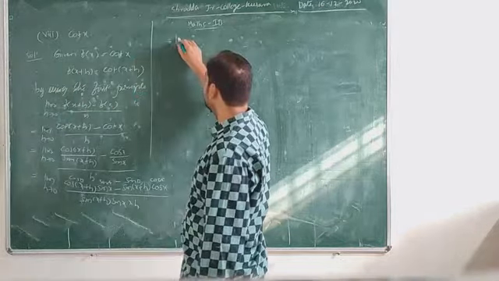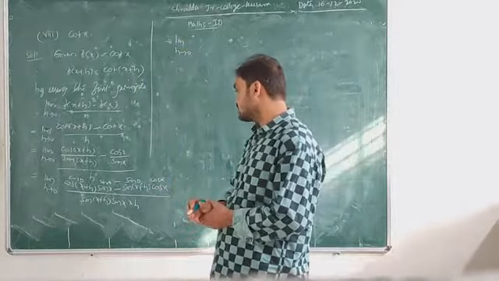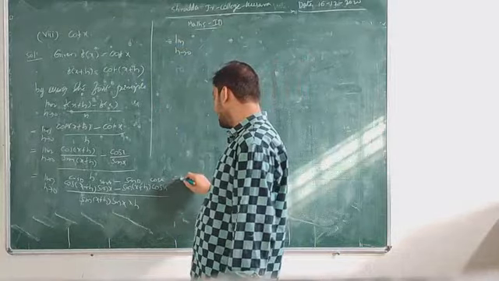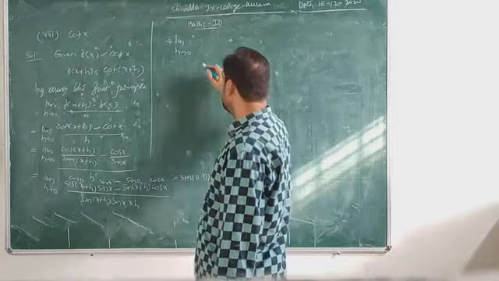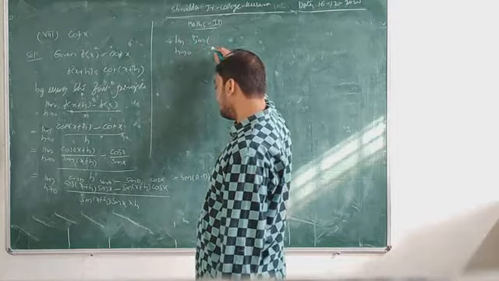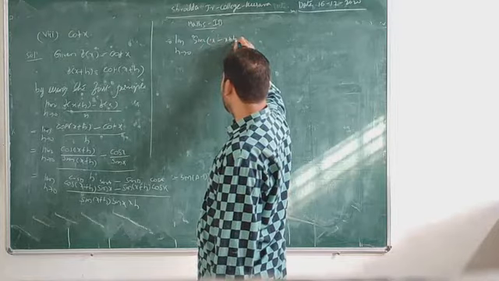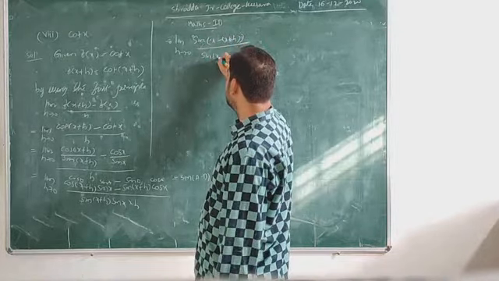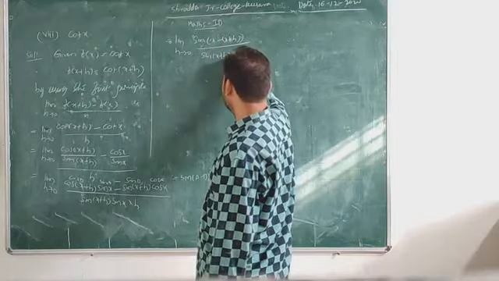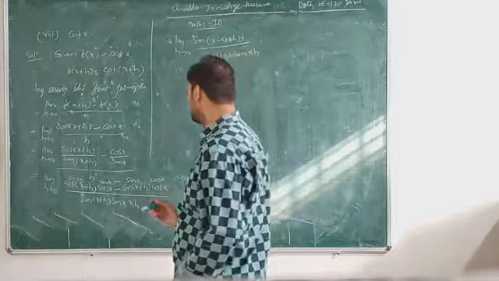Sin a cos b minus cos a sin b is equal to sin of a minus b. Now here sin of x minus, what is b here? x plus h, by sin of x plus h into sin x into h.